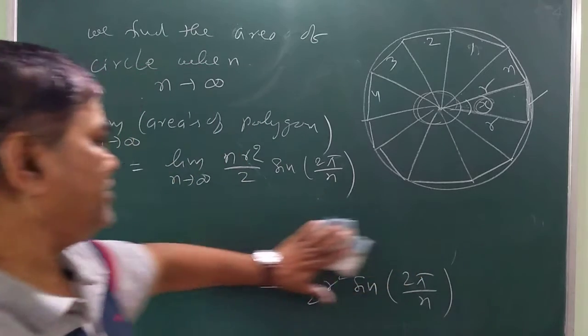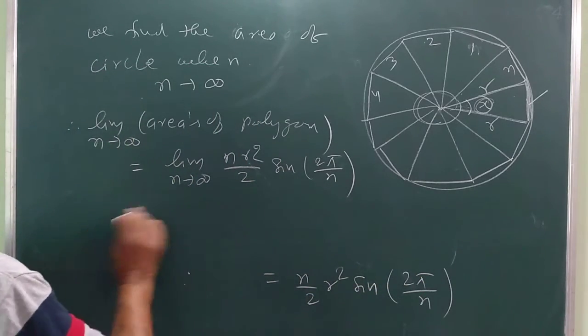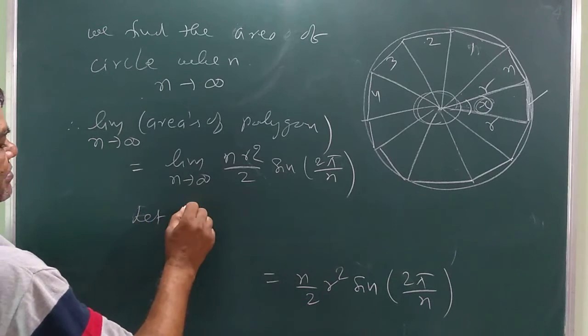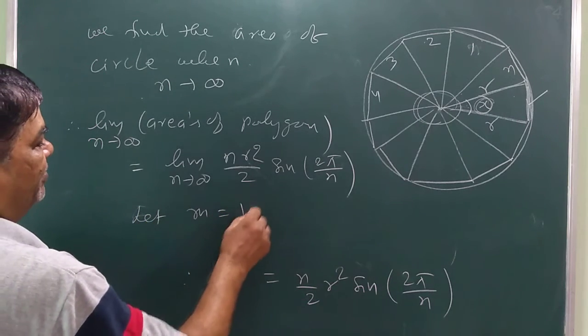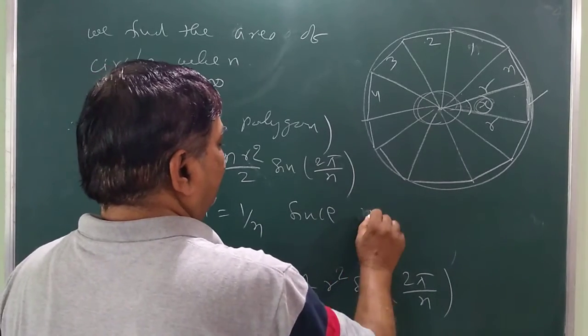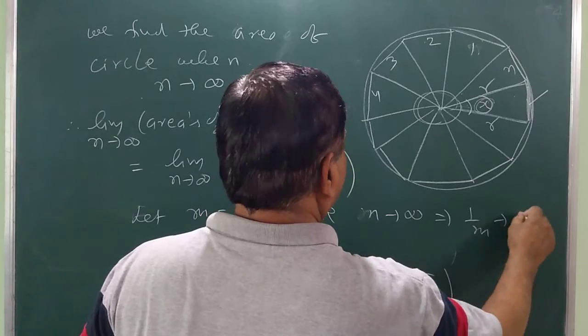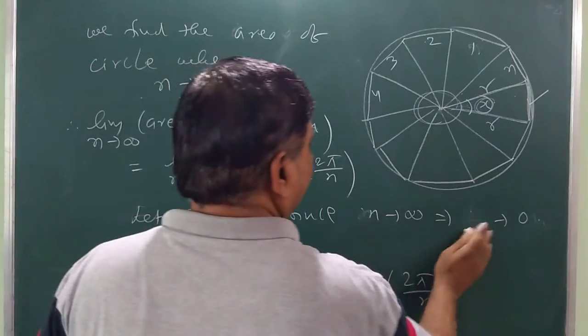So just you convert this one as, now let m is equal to 1 by n, since n tends to infinite, this implies m tends to 0.